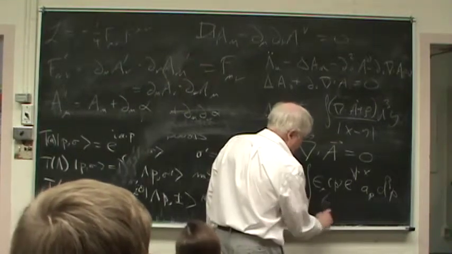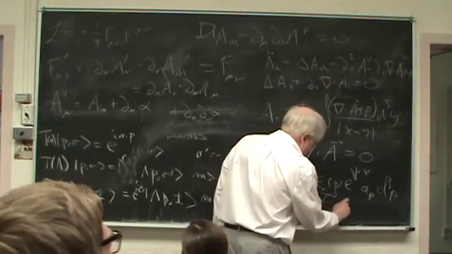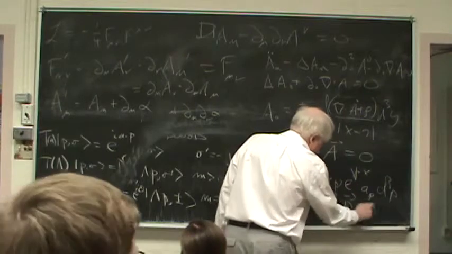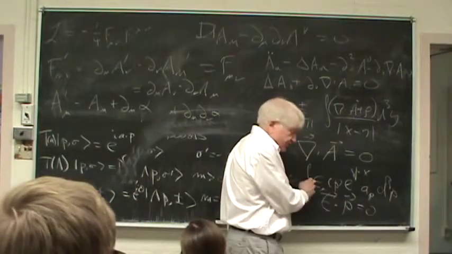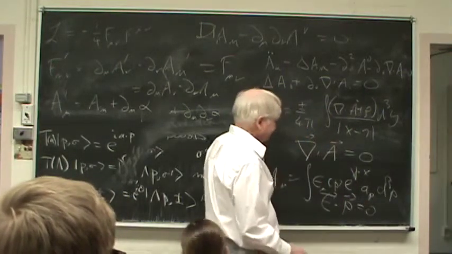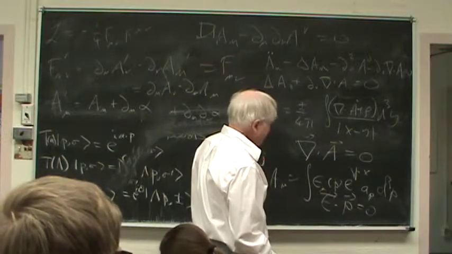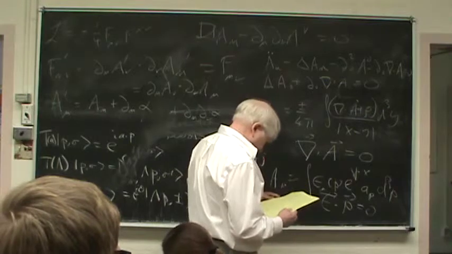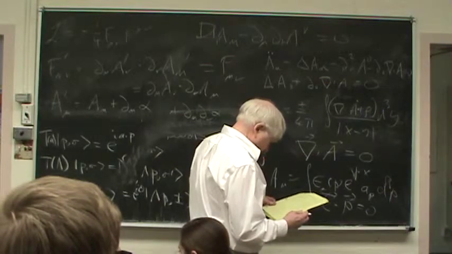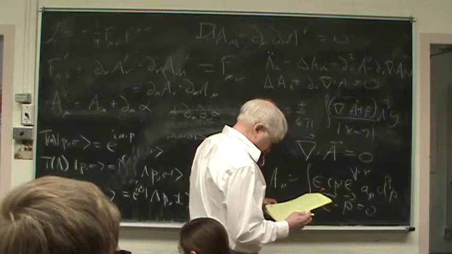Then you get that epsilon vector dot p vector equals 0. So the polarization vectors are perpendicular to the momentum. But there's more. Two of them are like that.